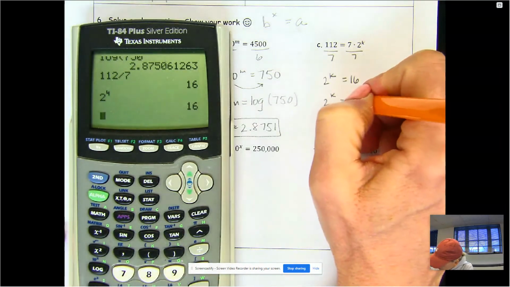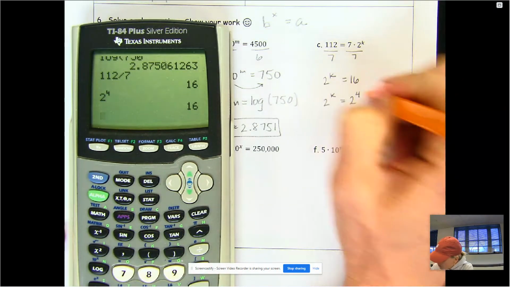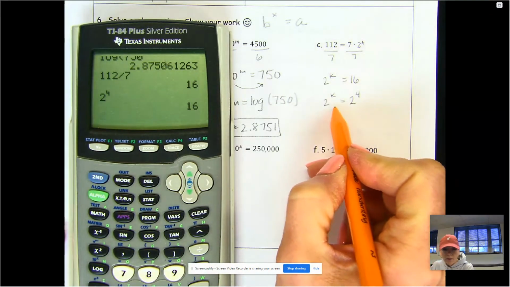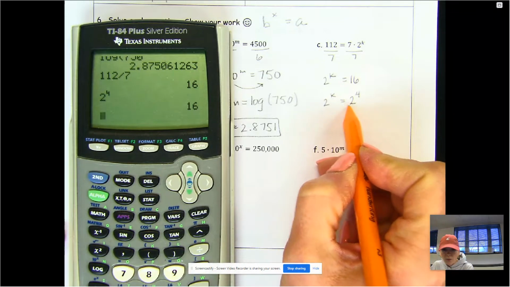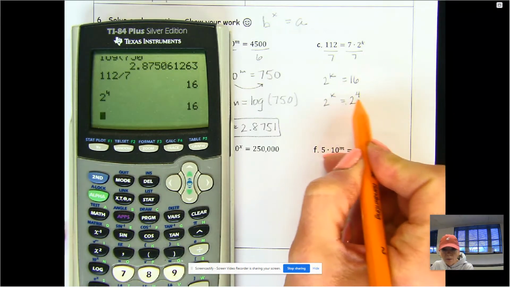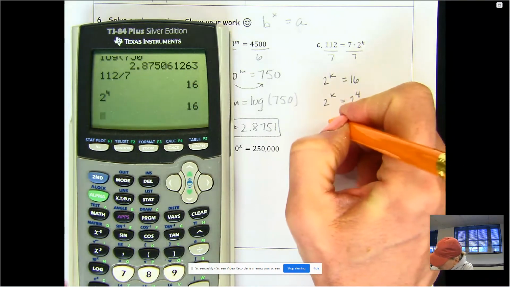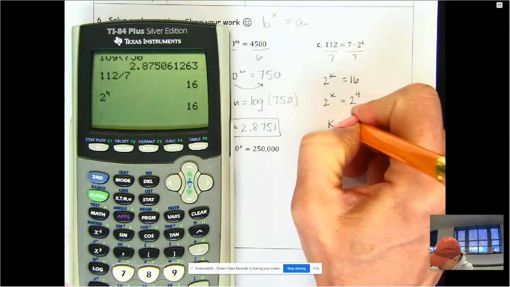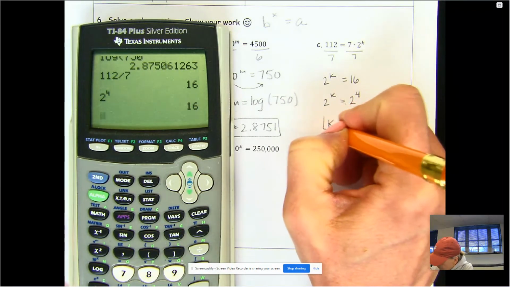So I'm going to write 2 to the 4th. So again, if those bases are both 2, in order for them to be equal, their exponents must also be equal. So we've already solved for k. K is equal to 4.